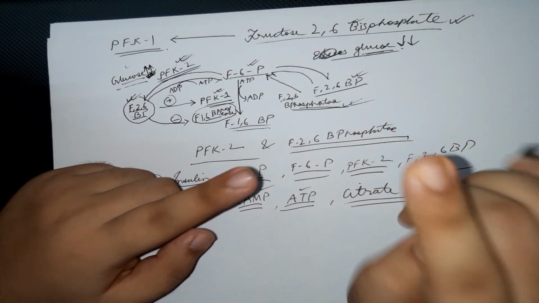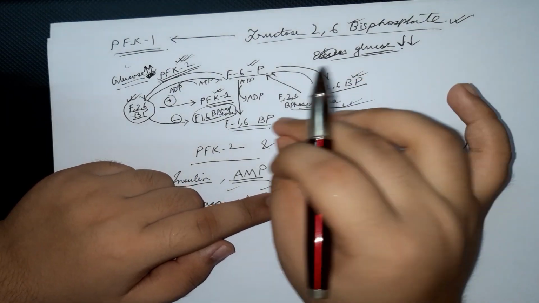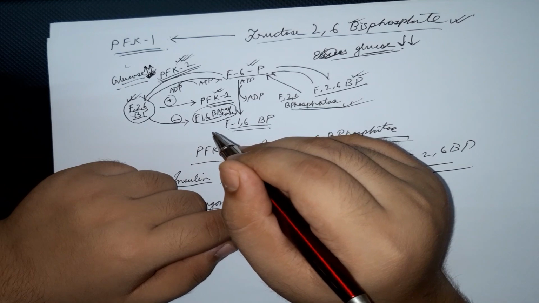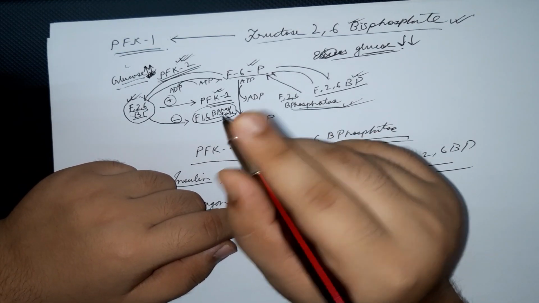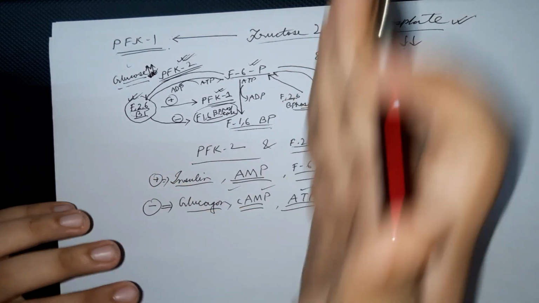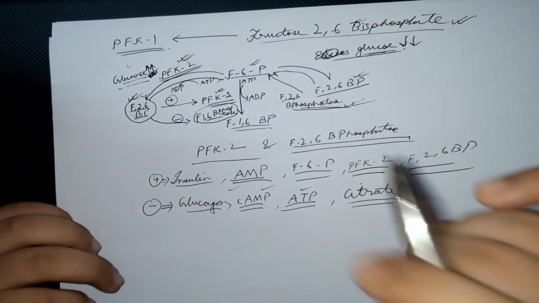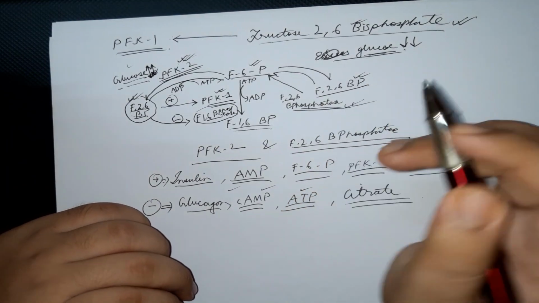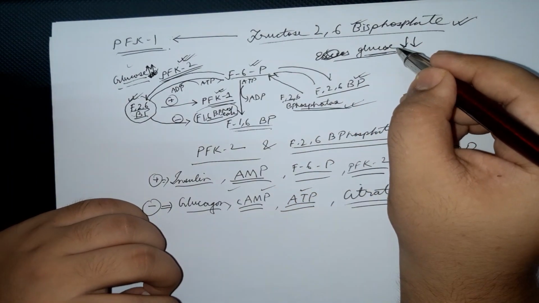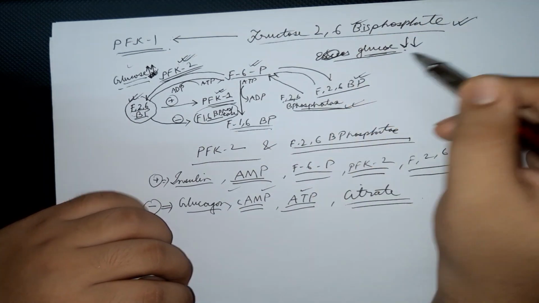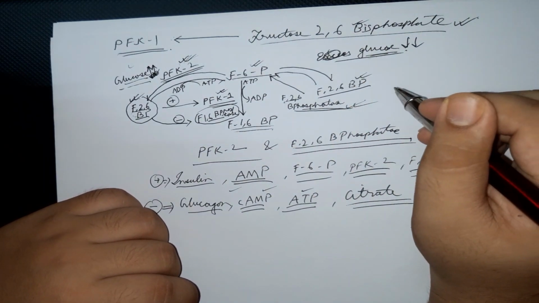But since fructose 2,6-bisphosphate itself is being converted back to fructose 6-phosphate, glycolysis is not favored. On the other hand, the opposite, which is gluconeogenesis, is being favored.